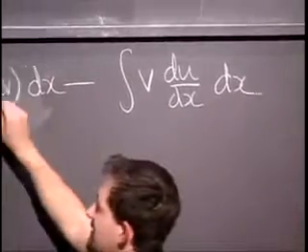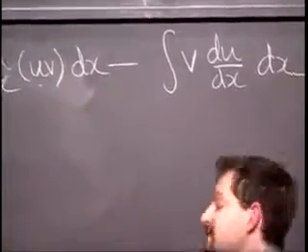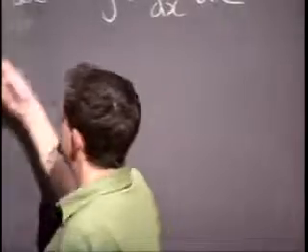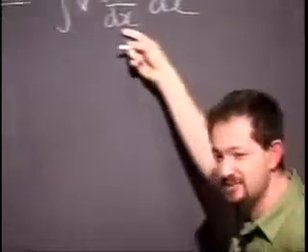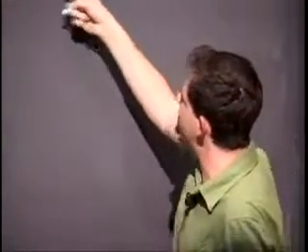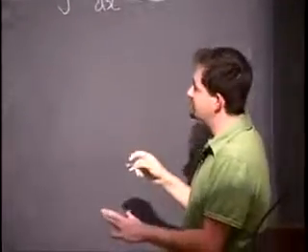This term, on the other hand, is quite nice. That's just the integral of a derivative. This is not just the integral of a derivative. It's the integral of a derivative times something else. So you can't simplify that in general. But this one is just uv.